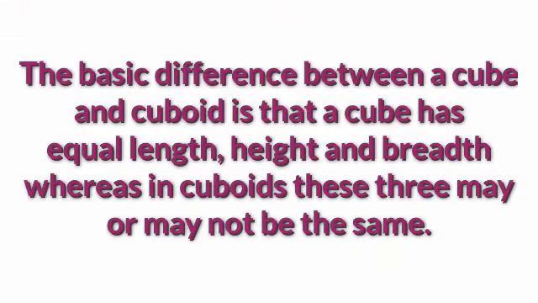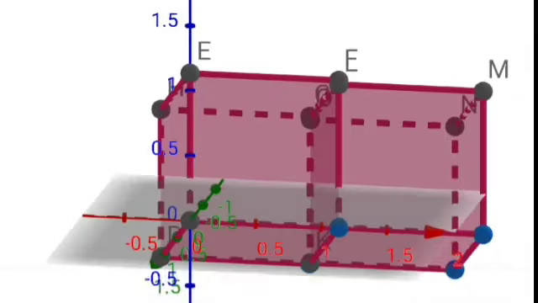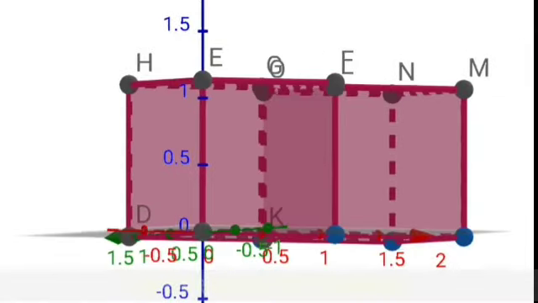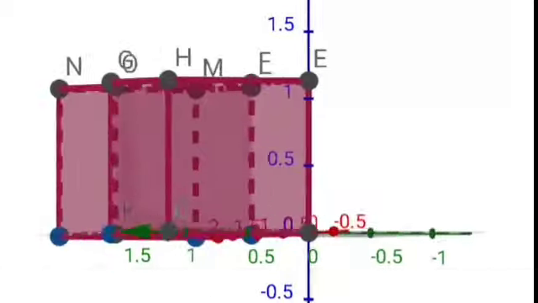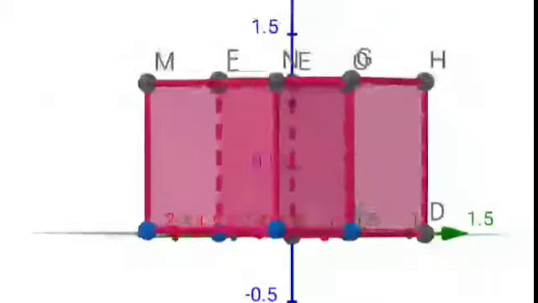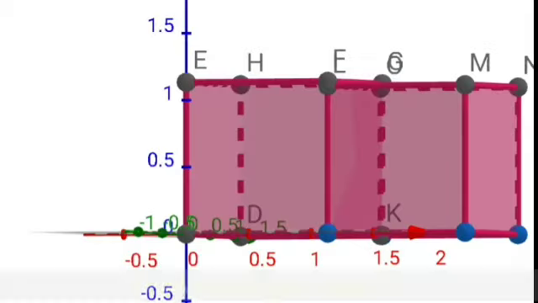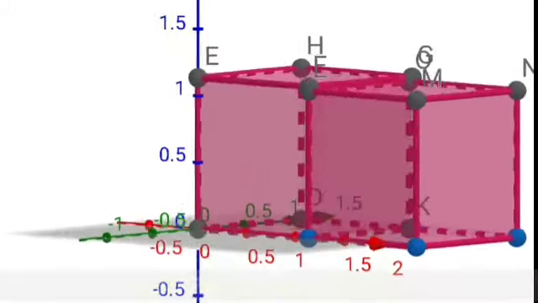The basic difference between cube and cuboid is cube has all the 3 dimensions equal, length, breadth and height, whereas in a cuboid they may be different. Now let's understand the dimensions. Here 1 centimeter cubes are placed side by side to form a cuboid.